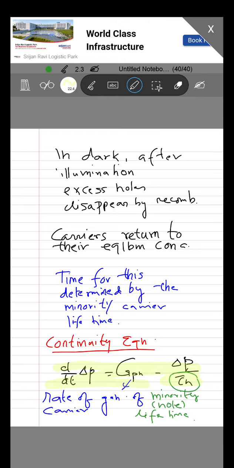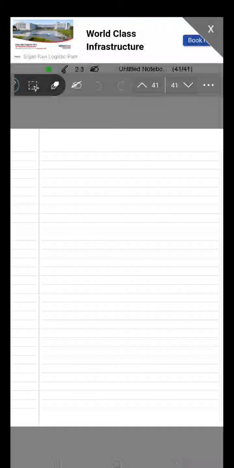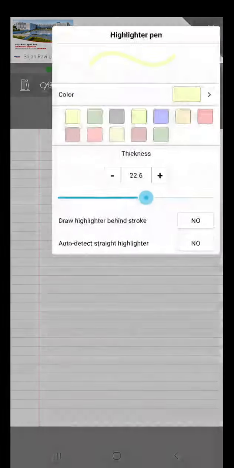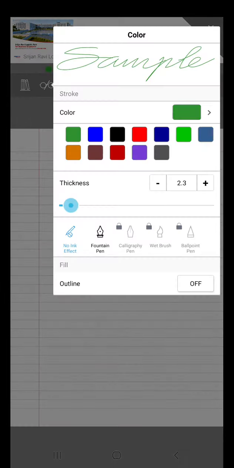Now if the change is such that there is no change in minority carrier concentration, that means if we have delta P is equal to GPH into tau H, so this expression we will obtain.